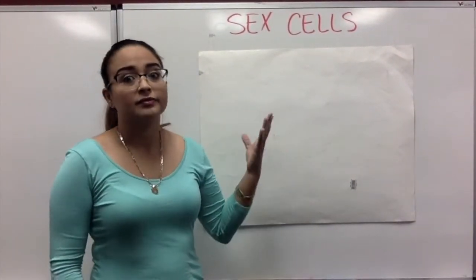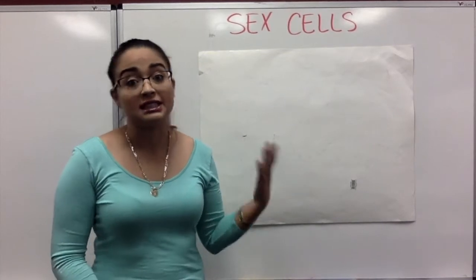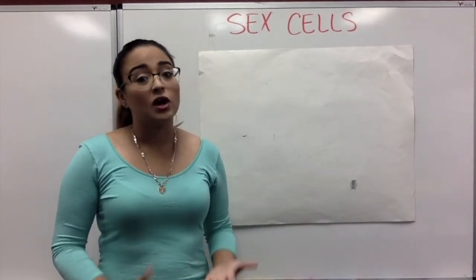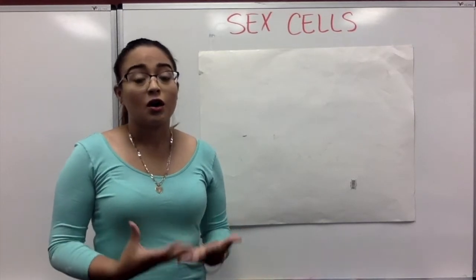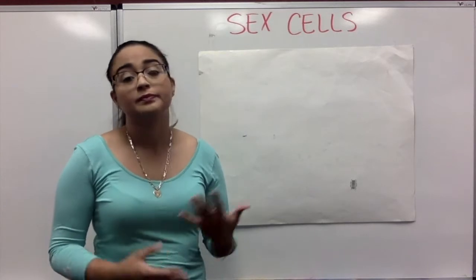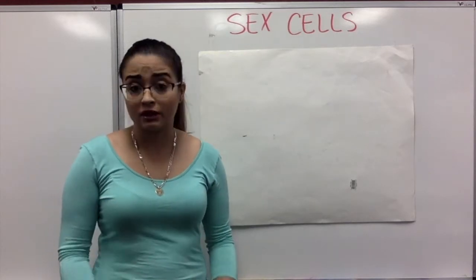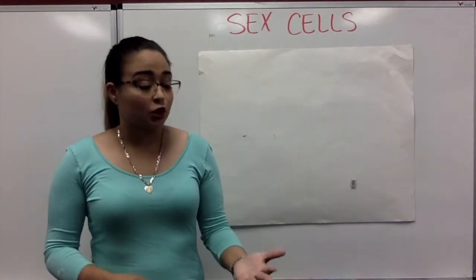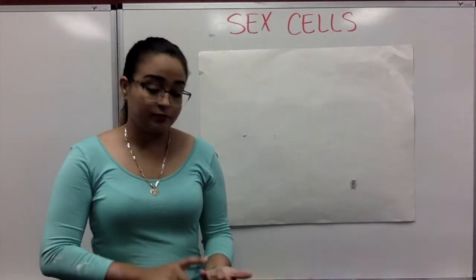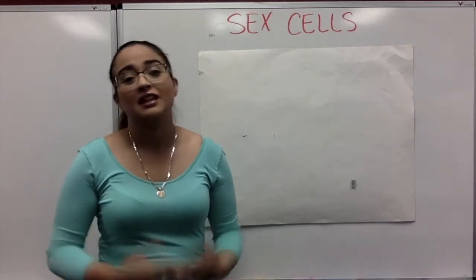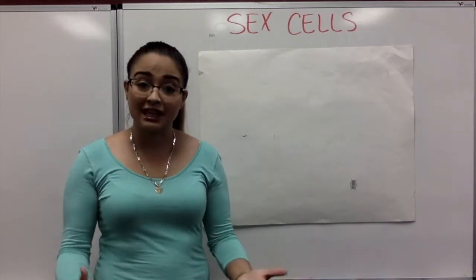Sex cells. Something familiar about this is cells. We've talked about cells. We know that cells are what all living organisms are made out of. So any living organism, anything that is pretty much breathing, animals, marine life, humans, plants, they're all made up of cells.